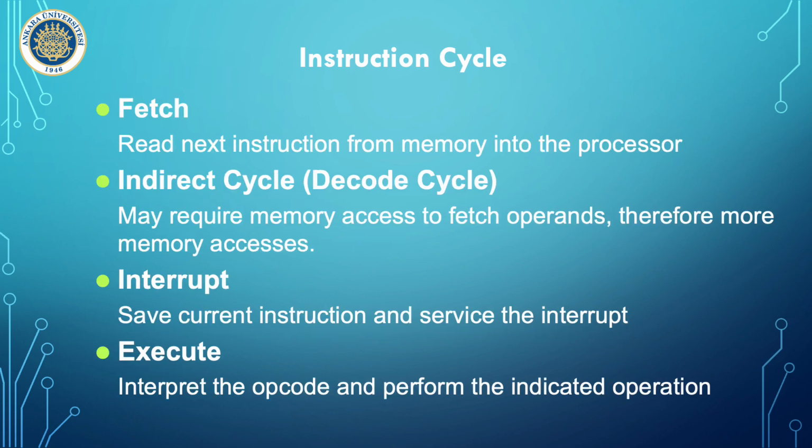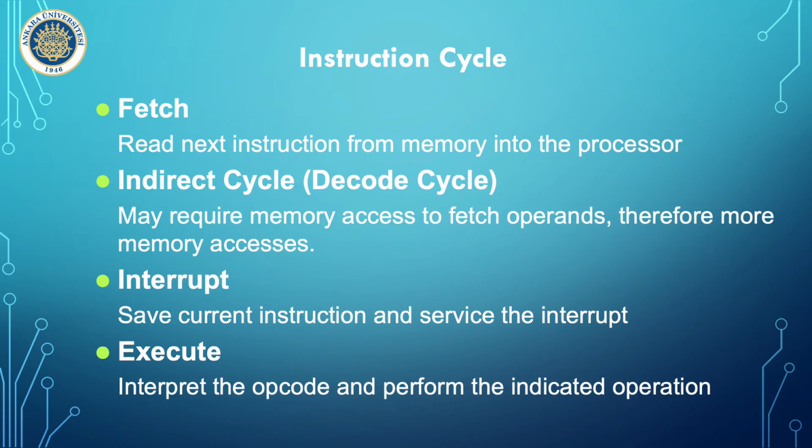The instruction cycle is divided into several subcycles. First, in the fetch cycle, the CPU reads the next instruction from memory into the instruction register. Second, there may be an indirect cycle, where the CPU performs additional memory access to obtain the effective address of an operand.